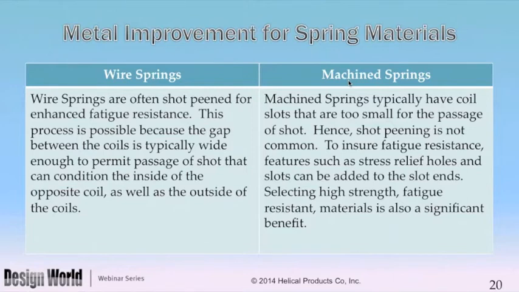However, machine springs usually have smaller gaps, and it's hard to get the shot in between those thin gaps, although sometimes people still want it. Shot peening really benefits the wire products much more than the machine springs. Well, what we can do, though, with machine springs is we can select high-strength, fatigue-resistant materials that can also provide a significant benefit.